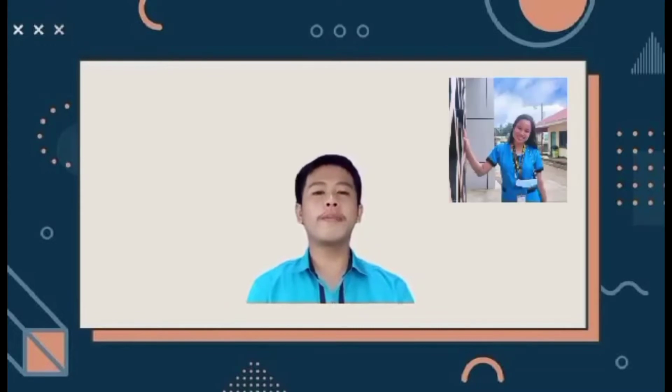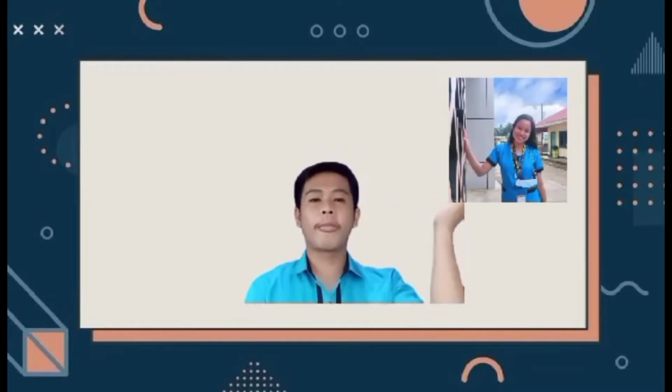The Cooperative Principle is divided into four areas. Number one, key takeaways on Grice's conversational maxims, to be reported by Mr. Angelo Miparanon. Second, observations on the cooperative principle, to be reported by Geraldine Orsinado.